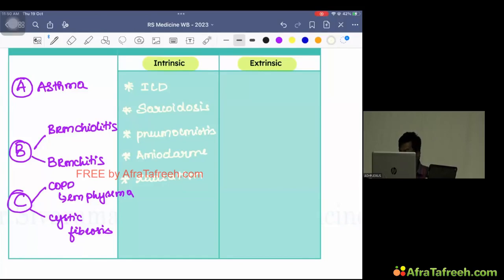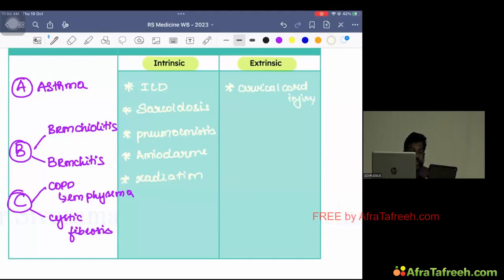Now, extrinsic restrictive lung disease: how can it restrict? It can be because of an injury to the spinal cord, cervical cord injury. Or it can be a nerve problem, Guillain-Barré syndrome, motor neuron disease.